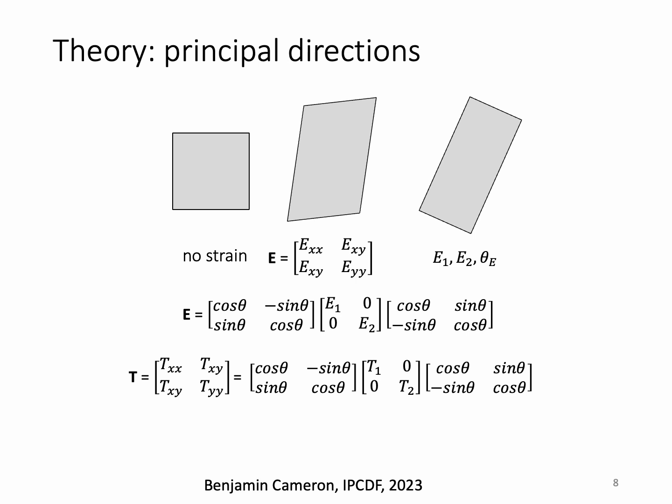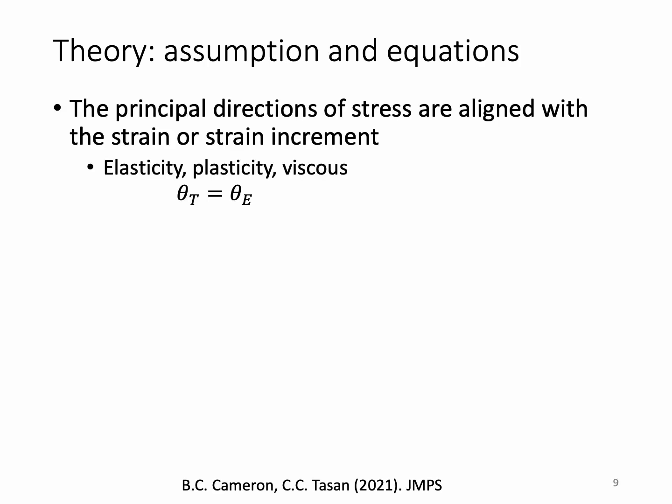And obviously the strain rate will be equal to the plastic strain rate when there's negligible elastic strain. But let's just take the elastic example. So we have the angle corresponding to the stress T equals the angle corresponding to the elastic strain E.